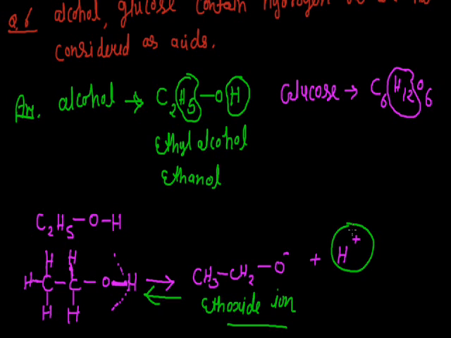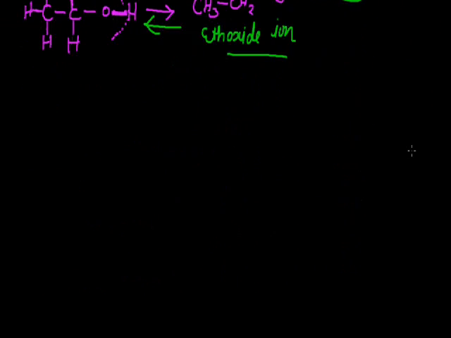Similar happening in the case of glucose. If we are discussing the structure of glucose, the formula is C6H12O6 and the structure, although complicated, is of this type. It contains a CHO aldehyde group and 6 carbons.